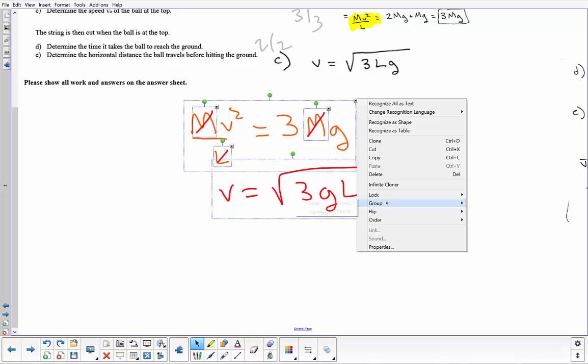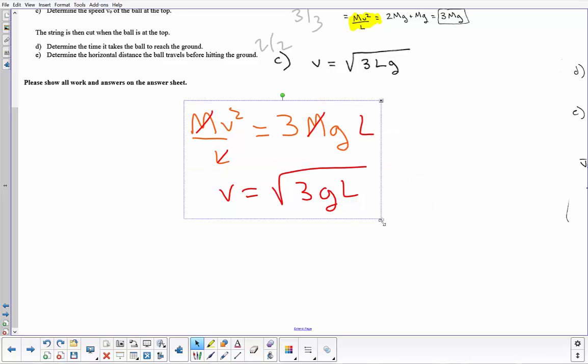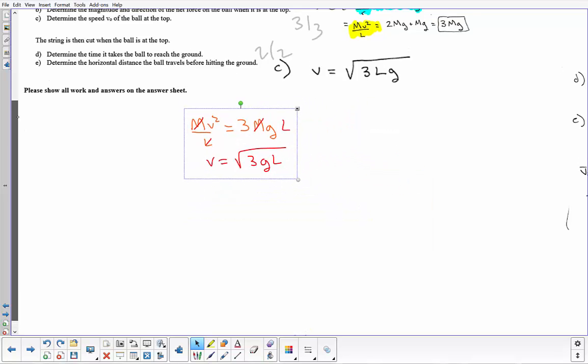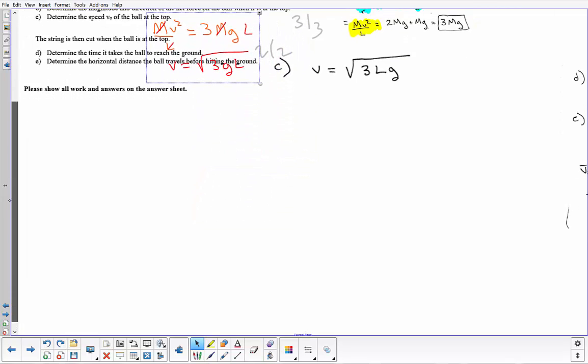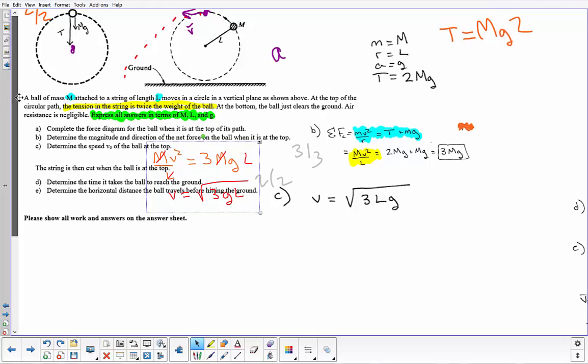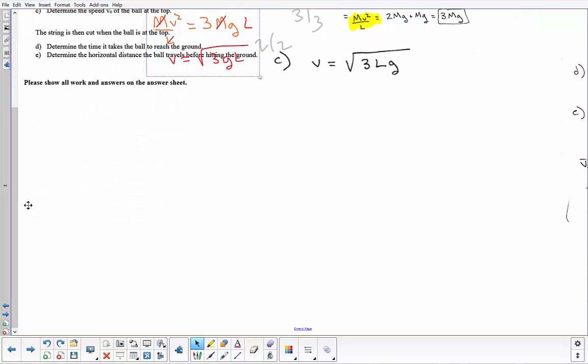So let me clean this up, and let's take a look at the work. Actually, I'm going to redraw the circle real quick. Actually, no. We're going to look at the ball at the top, and we're going to see that it has motion. That initial velocity is now traveling to the left.